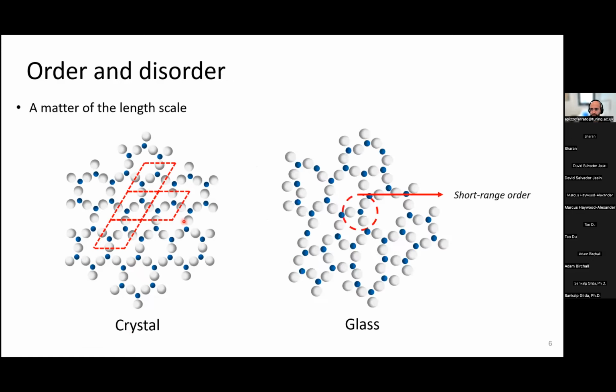But in a glass, we have the so-called short-range order, so that a given atom will have similar types of atoms as neighbors in different places in this structure. We can also find similarities in the types of rings. There will be a distribution of these rings, but some ring sizes are more likely to show up than others, and that, beyond this first coordination shell, we call medium-range order. So they are disordered, but we do find some order at different length scales.